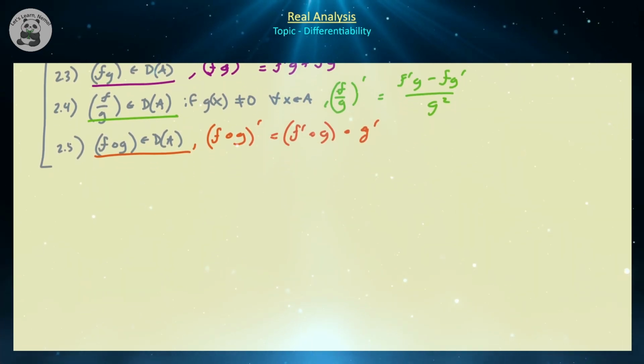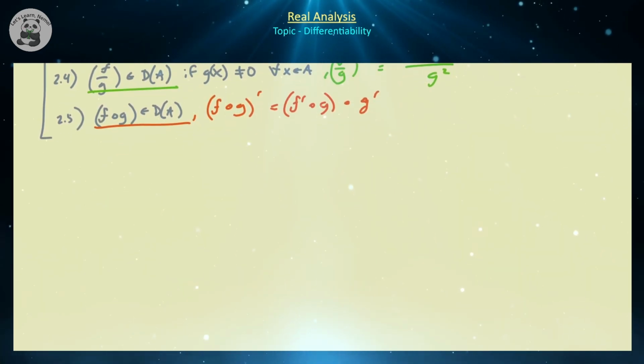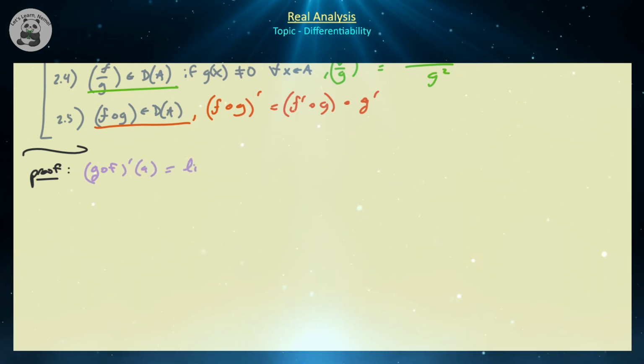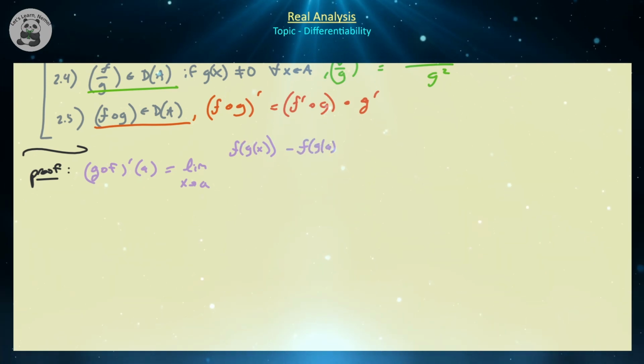So the proofs of these theorems are actually straightforward, and I will only provide you with the proof of the chain rule because that's maybe the more interesting one. So what is the derivative of the composition? The derivative of the composition at some point a in some domain A is equal to, at least by definition, the limit as x approaches a of f of g of x, that's the composition of f with g, minus f of g of a, all over x minus a.